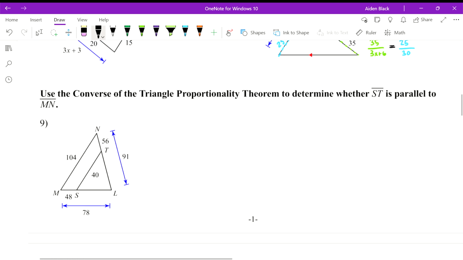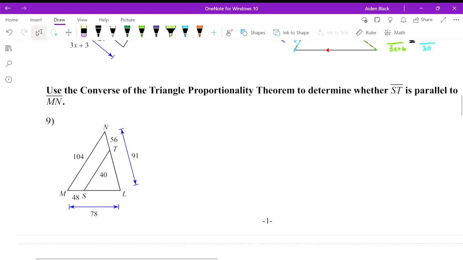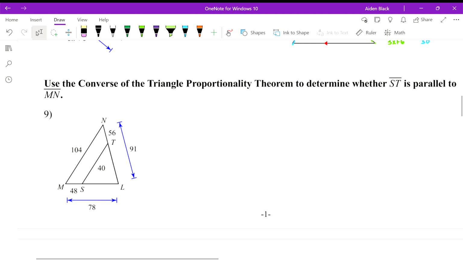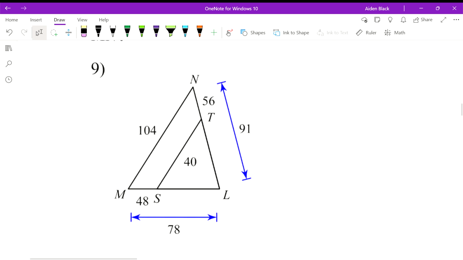The converse of the proportionality theorem is just stating that if this ratio here is proportional to this ratio here, then we know that these lines are parallel.